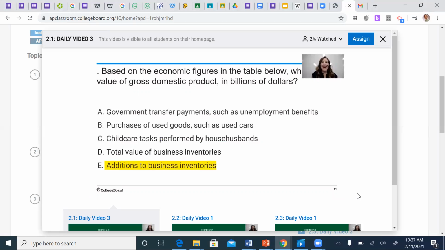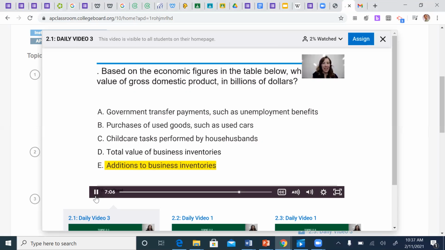Again, government transfer payments do not count toward GDP. Used goods do not count toward GDP.